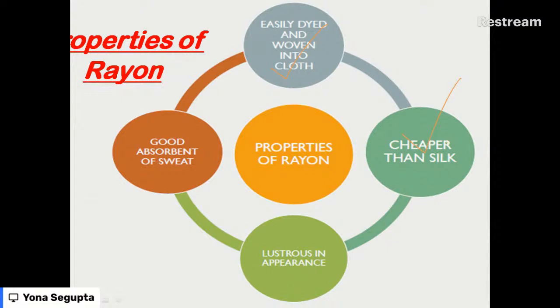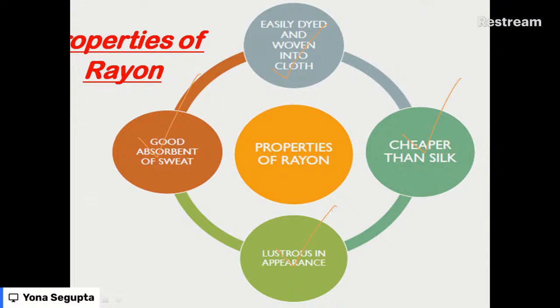It can also be dyed in a wide variety of colors, and rayon can be mixed with cotton to make bed sheets, or mixed with wool to make carpets. Also, I would say that it is a good absorbent of sweat. And it is lustrous in appearance. I told you that this fabric obtained from silk fiber was very costly, but it was very beautiful, lustrous in appearance.